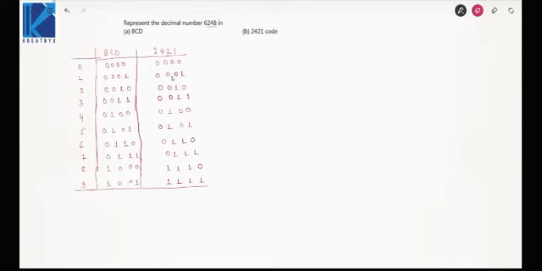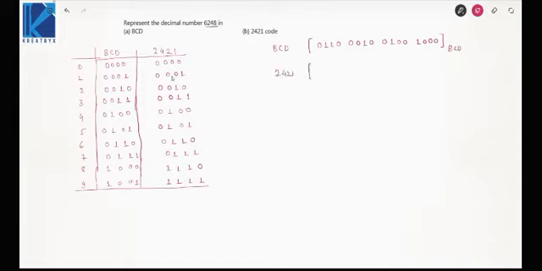So now if you want to convert 6248 in BCD, the value of 6 is 0, 1, 1, 0. 2 is 0, 0, 1, 0. 4 is 0, 1, 0, 0. 8 is 1, 0, 0, 0. This is in BCD.